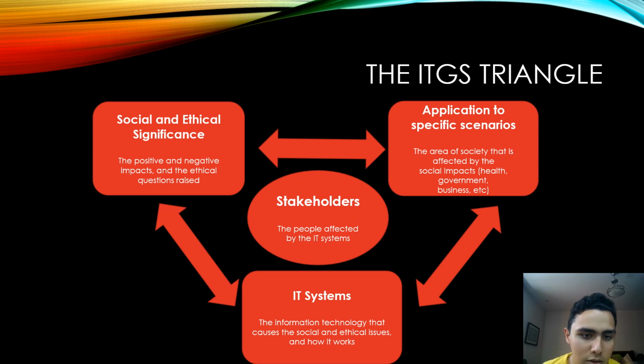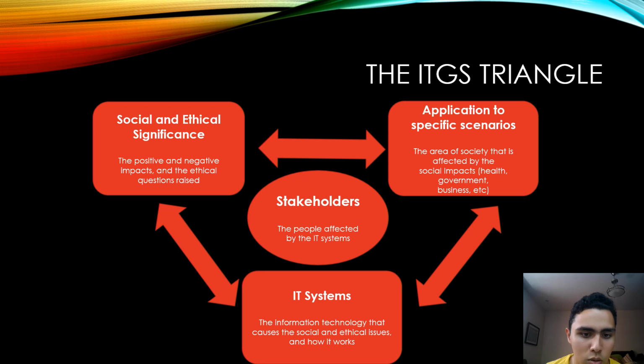There is a social and ethical significance. The stakeholders are us, the people affected by the IT systems, and application to specific scenarios and IT systems. Every IT system has a social and ethical significance and application to a specific scenario, as I was saying, because you can apply it, for example, if you're a businessman, to improve your sales.